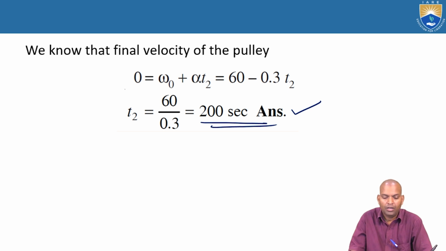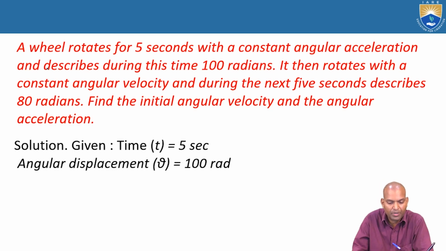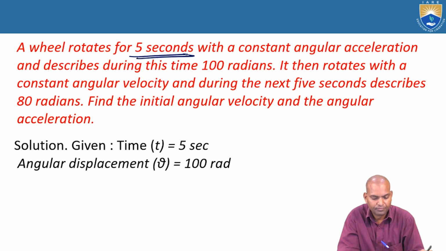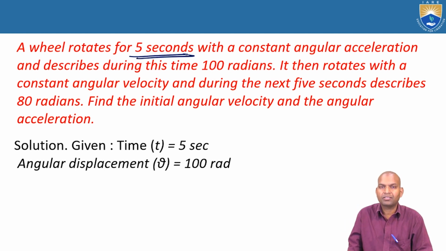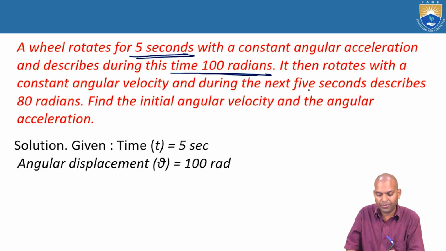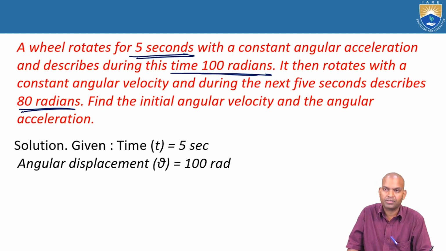Next, the next problem is that under rotary motion condition, a wheel rotates for 5 seconds with a constant angular acceleration and it describes in this time 100 radians. It then rotates with a constant angular velocity and during the next 5 seconds it describes 80 radians.